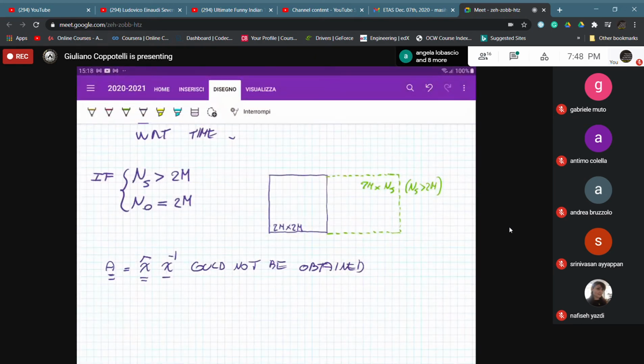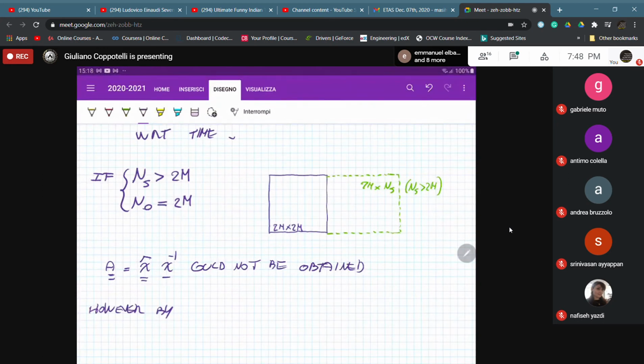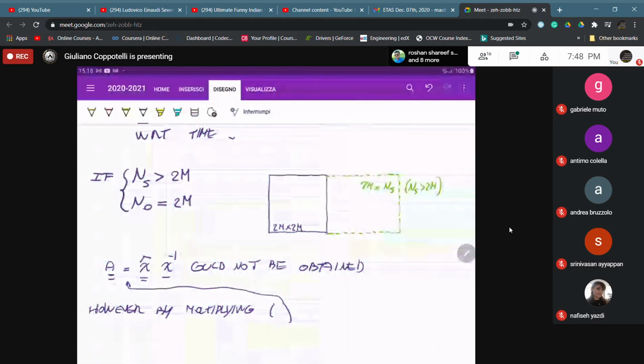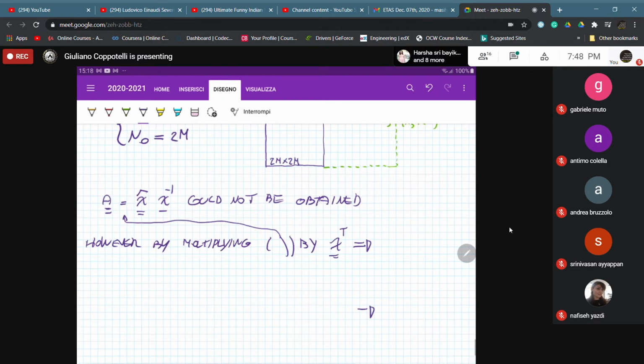However, by multiplying that equation by your chi transpose, what we got is the following equation.